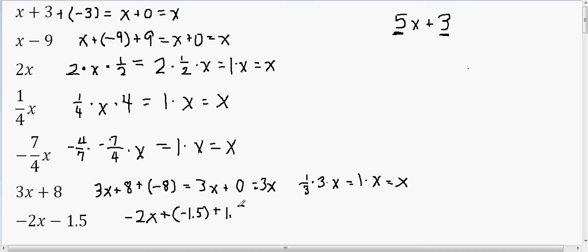So if we add 1.5 to the expression, we get minus 2x. Then minus 2x is minus 2 multiplied by x. And we can multiply this by the reciprocal of minus 2, which is minus 1/2. And when we do, minus 1/2 times minus 2 is equal to 1. And 1 times x is equal to x.